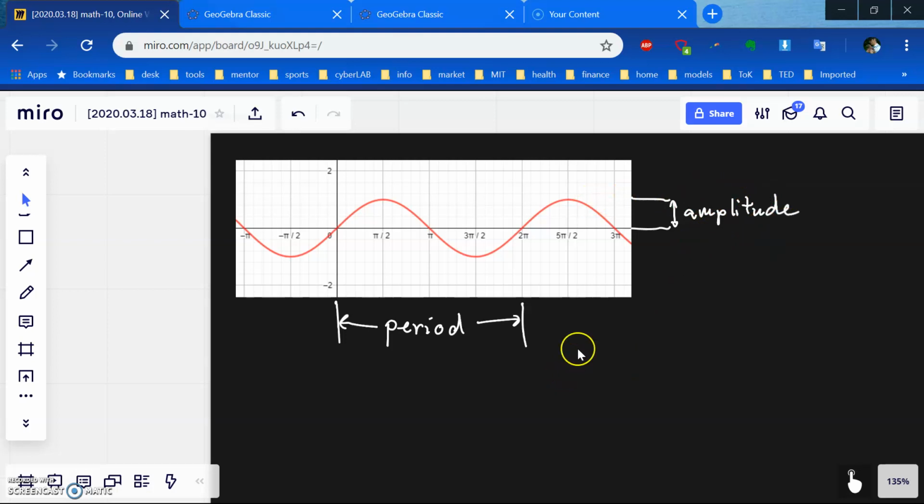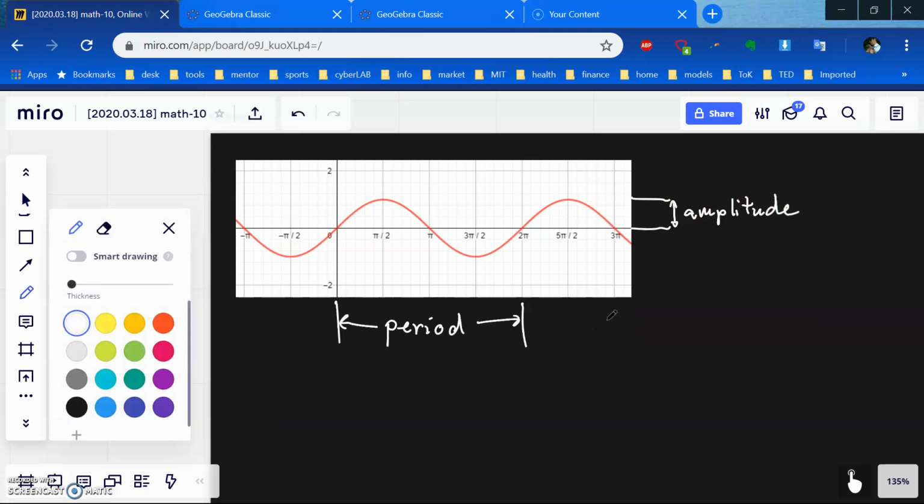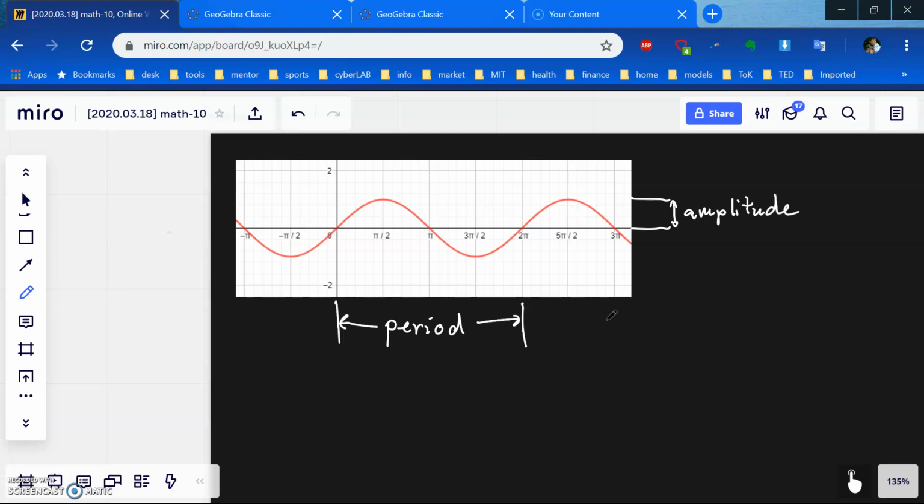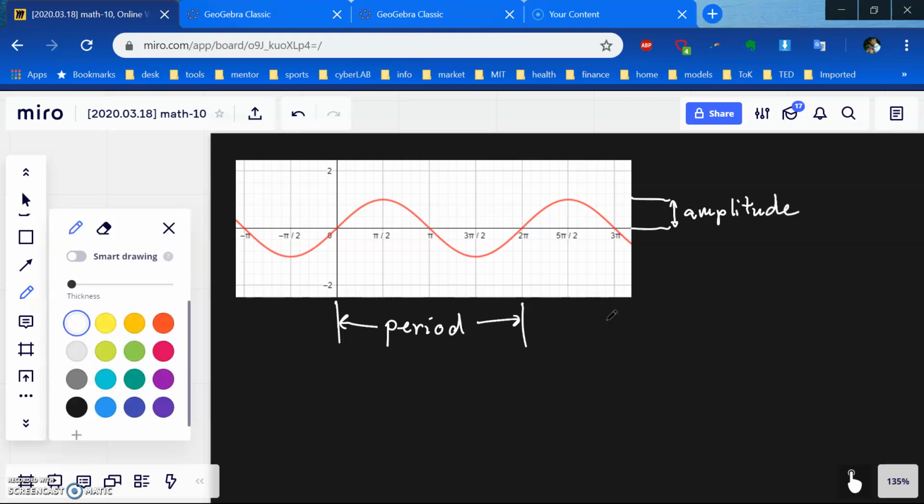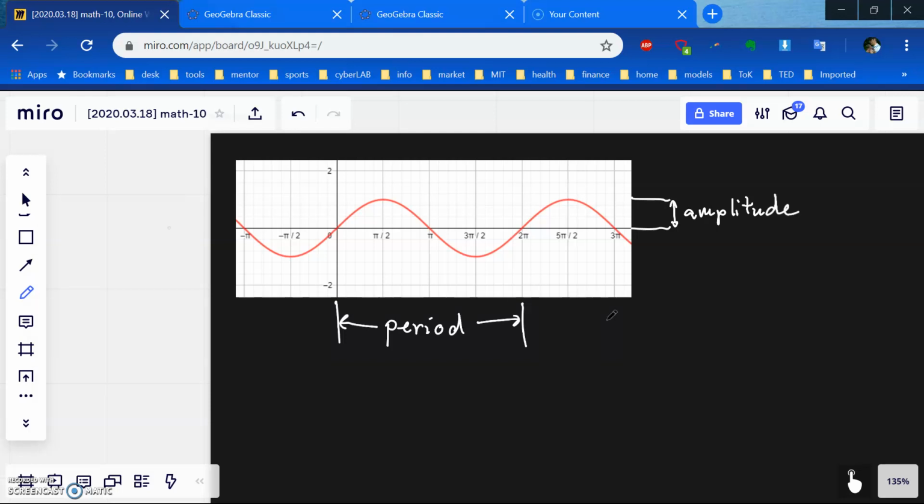All right, now let's just think about a few things with the amplitude. I'm going to change colors here. I'm going to go to this kind of funny blue. So if I say y equals the sine of x, that's what I'm looking at right here on this curve.